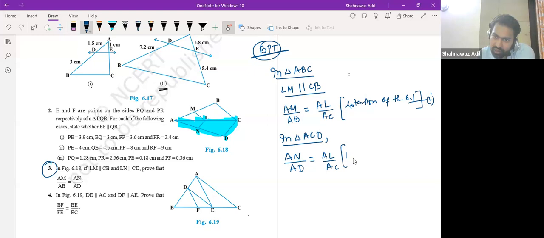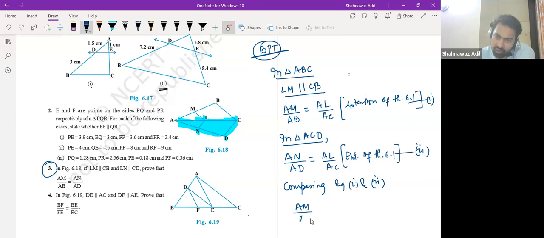Again, extension of theorem 6.1. This is the second, right? So looking at the first and second equation, we can say that AM by AB is equal to AN by AD. So this is what they wanted us to prove.